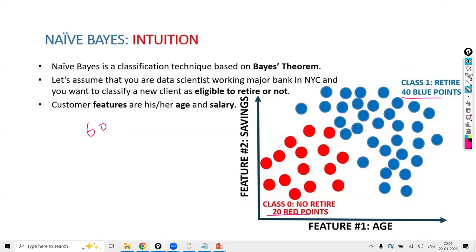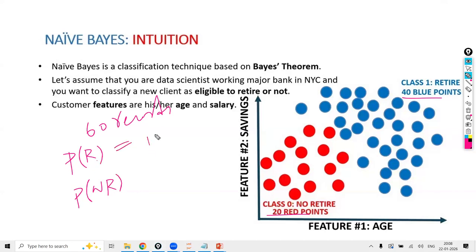Basically 60 records. Out of 60 records, how many classes do we have? The output variable consists of how many classes? 2 classes. What are the 2 classes? One is the person has to retire. Second one is the person has not to retire. That is blue class and red class. Now, what is the probability of retire? Retire means blue.